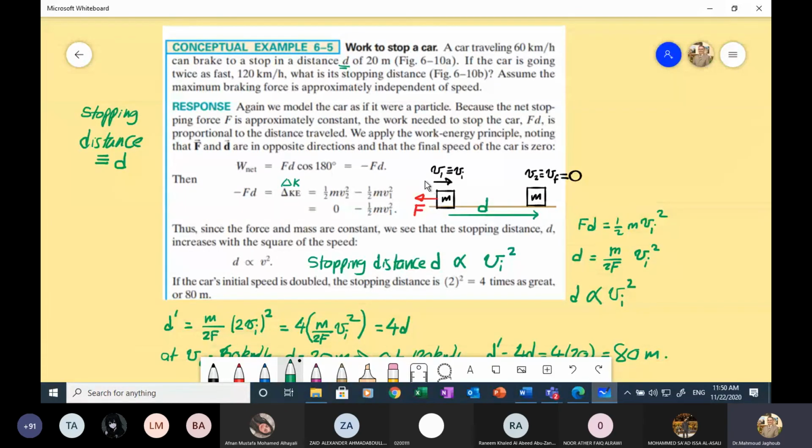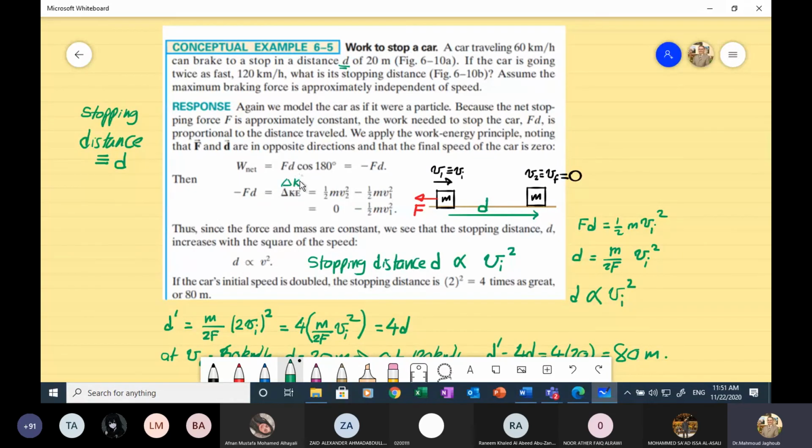Now, definitely this braking force must act where? Backwards, in order to stop the car. It does negative work, so the final kinetic energy is less than the initial kinetic energy. Use the work kinetic energy theorem, which is W net equals delta K. In the book, he calls it delta KE.